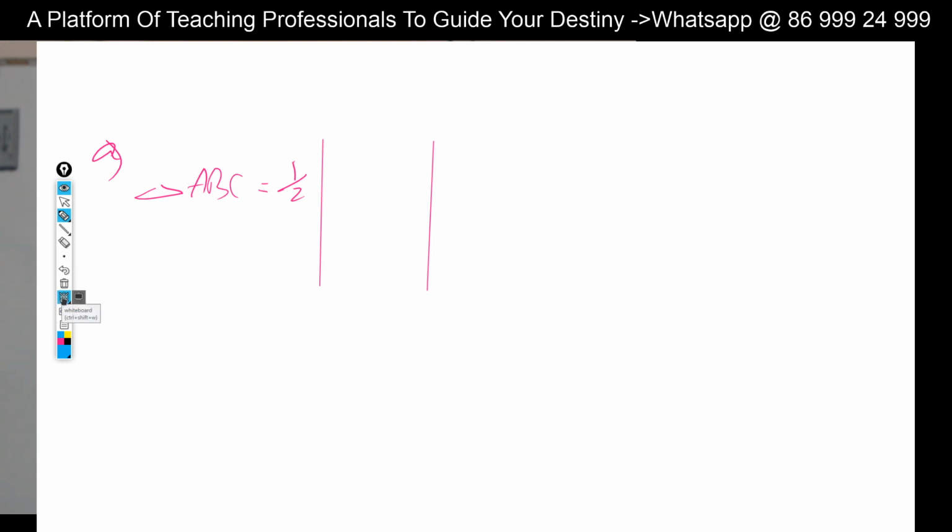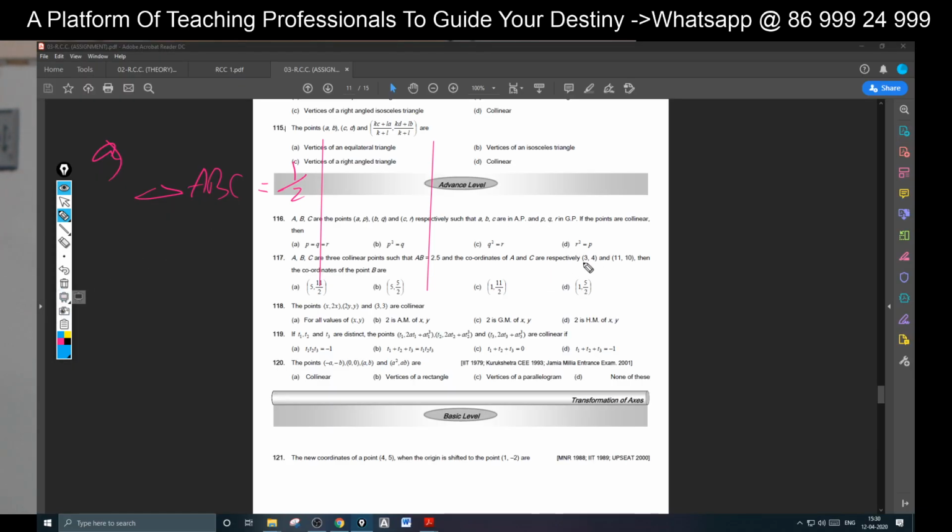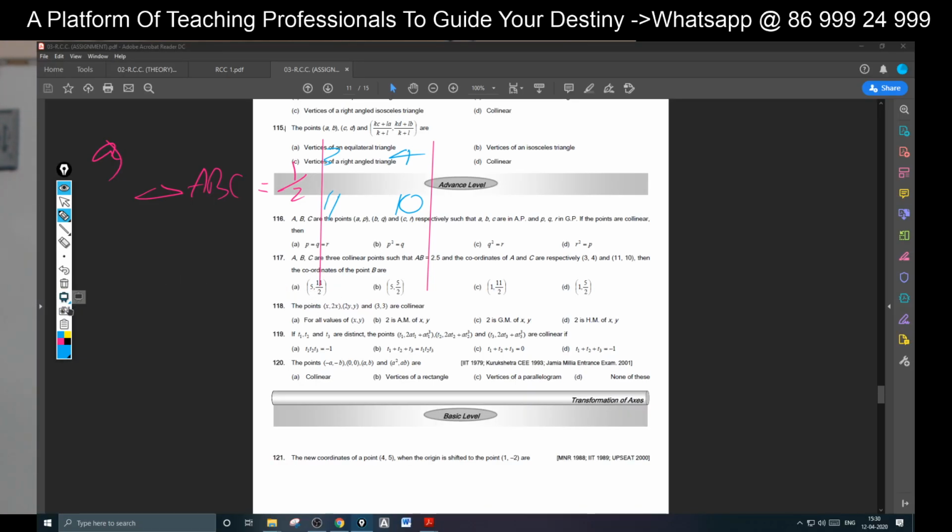What are the points? The points are (3, 4), (11, 10), and the option, first option, (5, 11 by 2). And finally, the first point again, x1, y1.